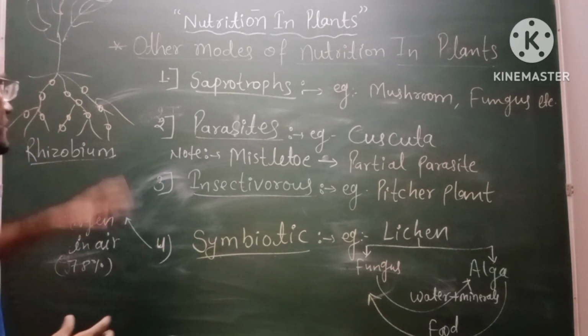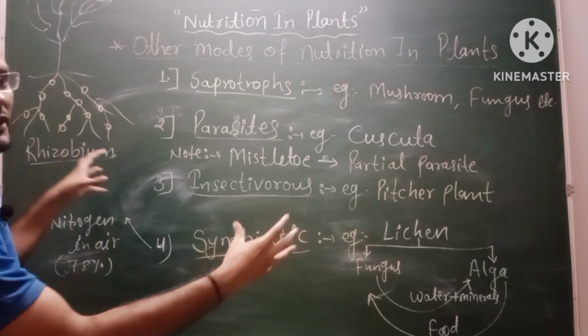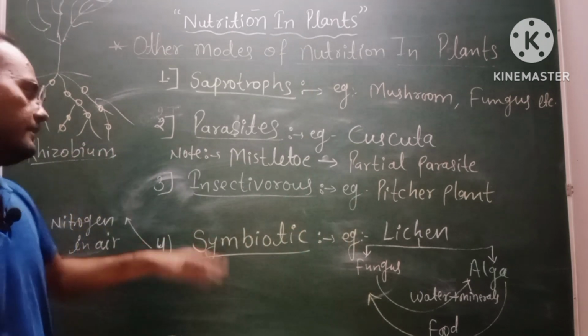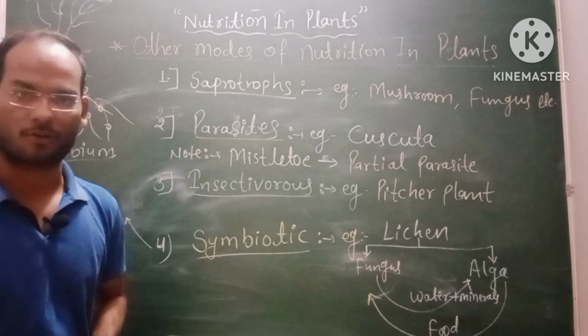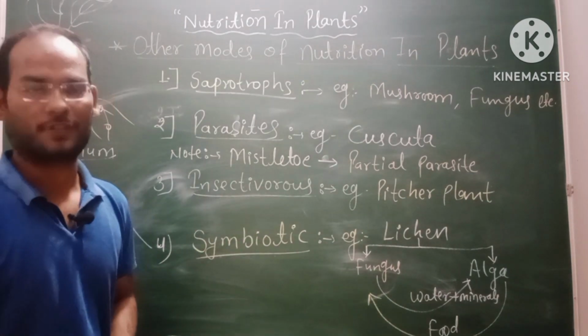So this is another example, and they show a special relationship, and this is called symbiosis. Is that clear? And such kind of nutrition is called symbiotic mode of nutrition.